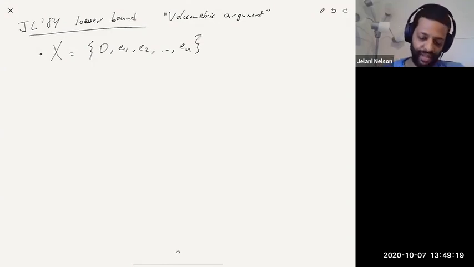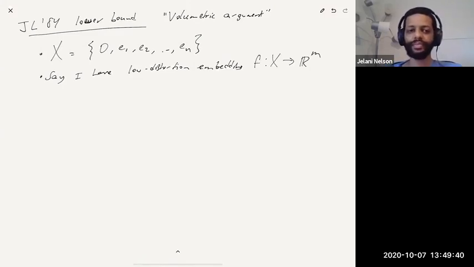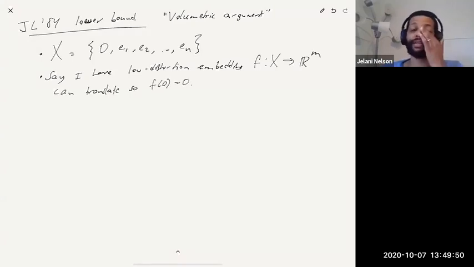Now, say I have a low distortion embedding f, which maps X into R^m. I can translate so that f of 0 is 0. Basically translate everyone by f of 0.